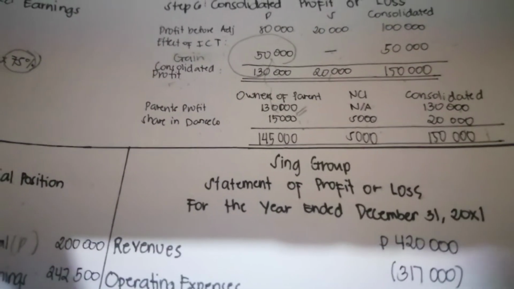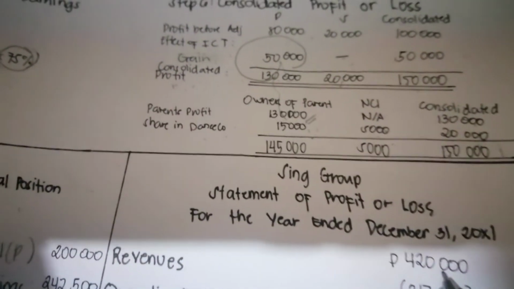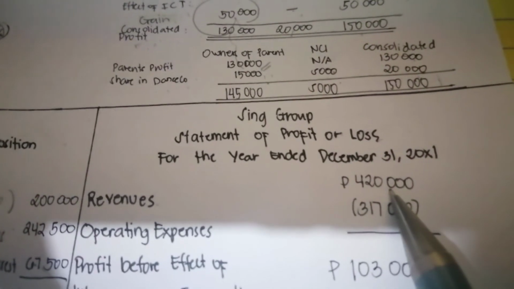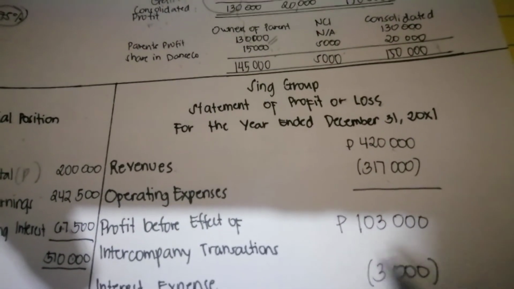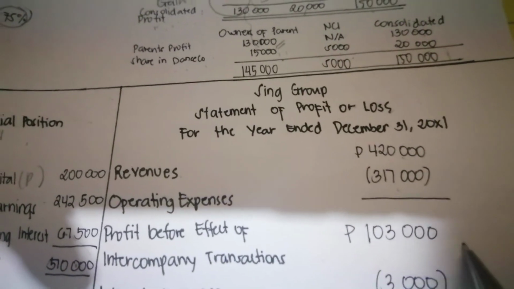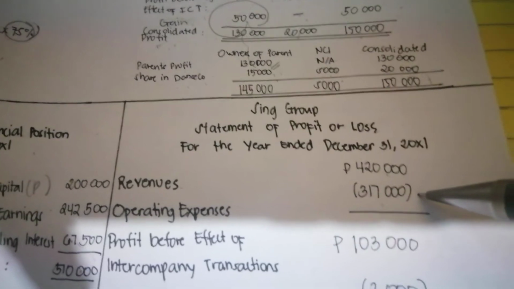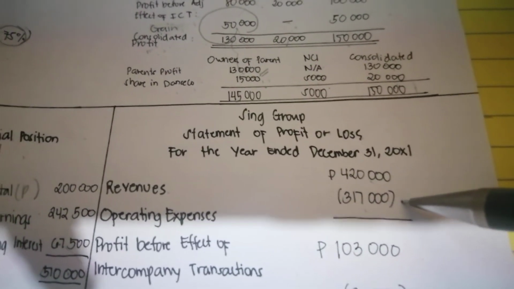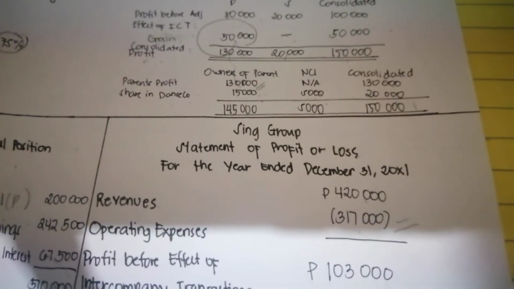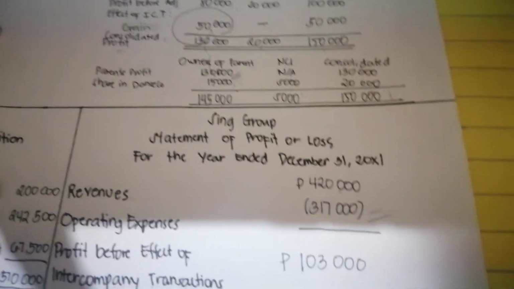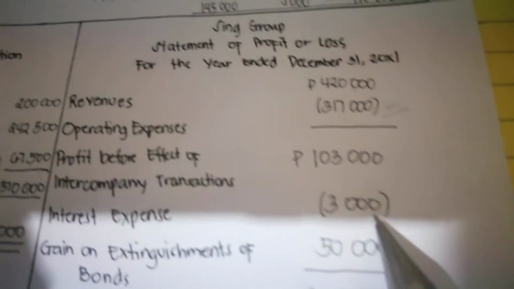Statement of profit or loss. The consolidated revenues is 420,000. Operating expense is 317,000. Profit before intercompany transaction of 103,000. Since the interest expense is included in the 317,000, we're going to eliminate it by deducting the 3,000 interest expense.